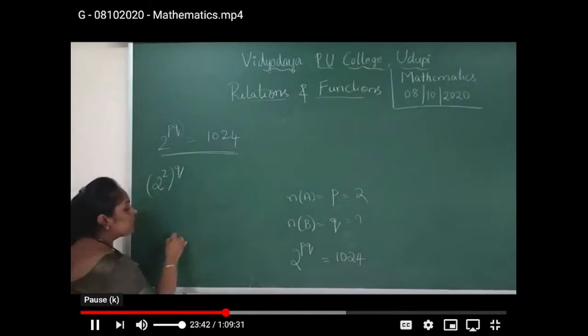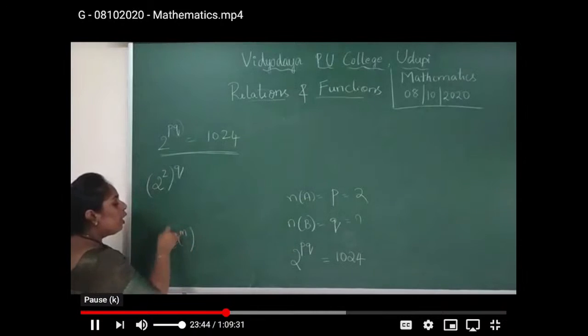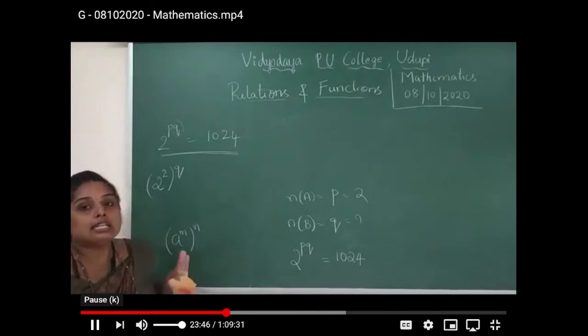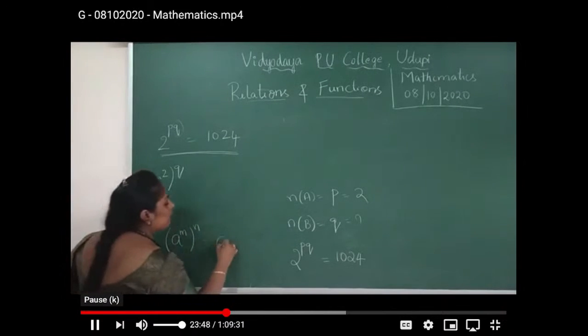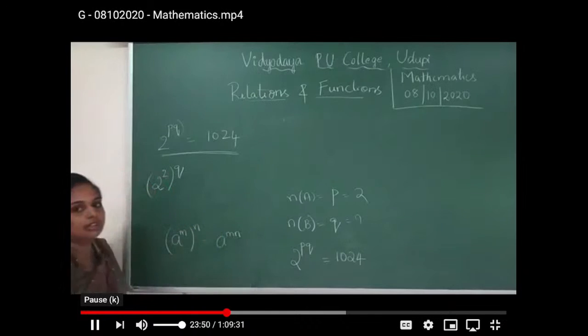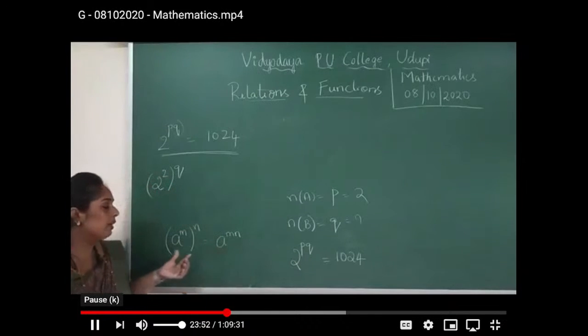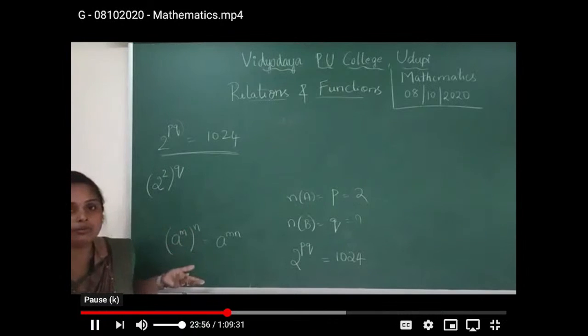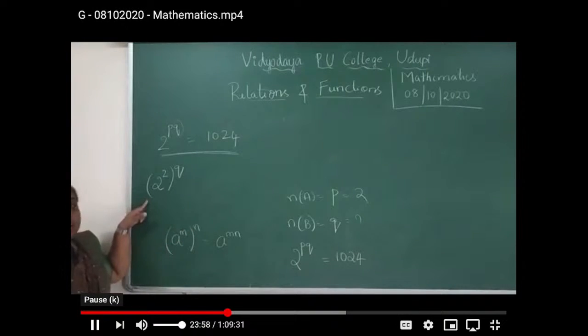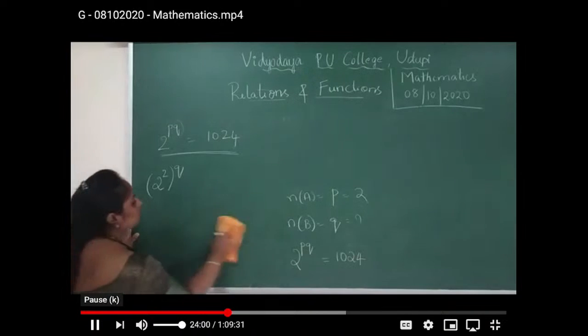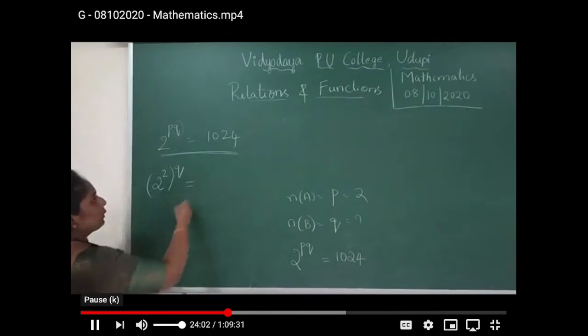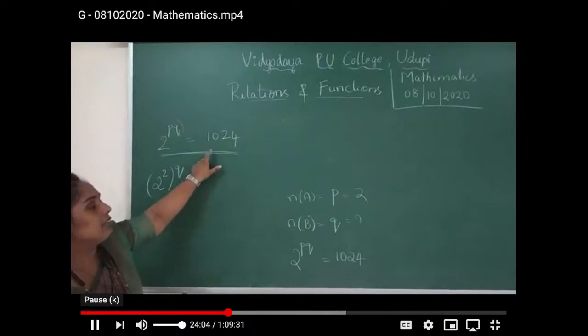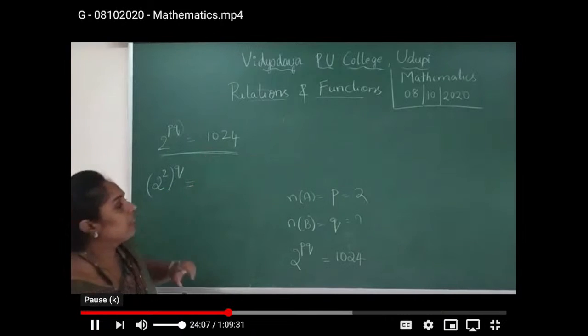I have studied one notation: a power m whole power n is the same as a power m into n. I can write a power m into n as a power m whole power n or a power n whole power m anyhow. So using that I have written like this. That is equal to, I'll divide this by 2.